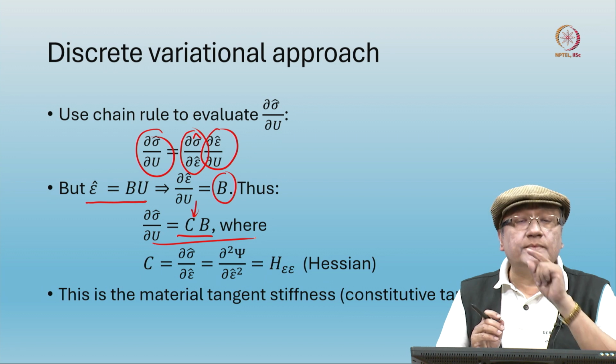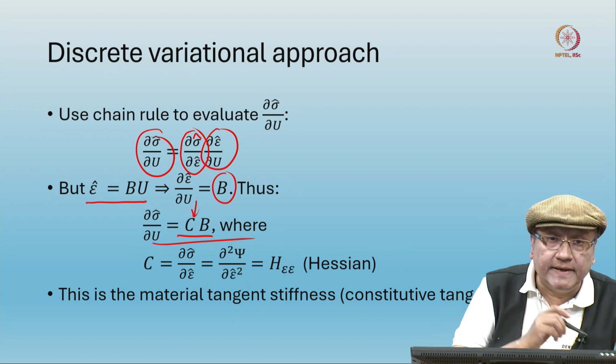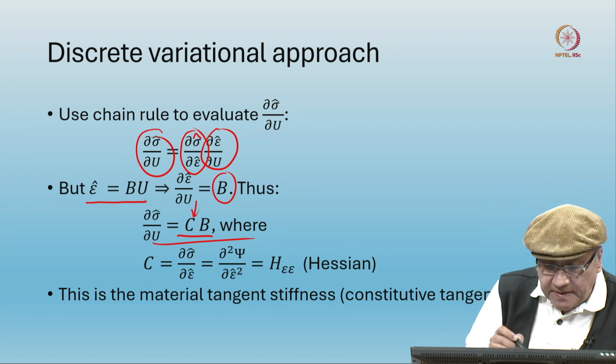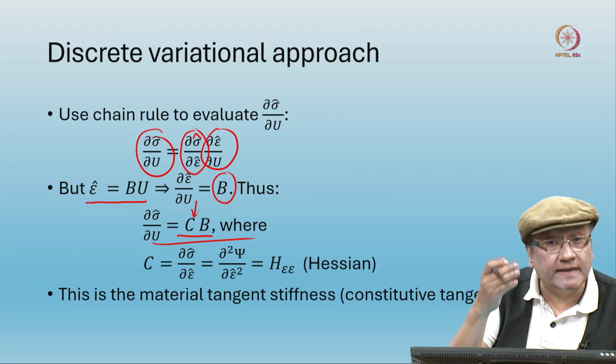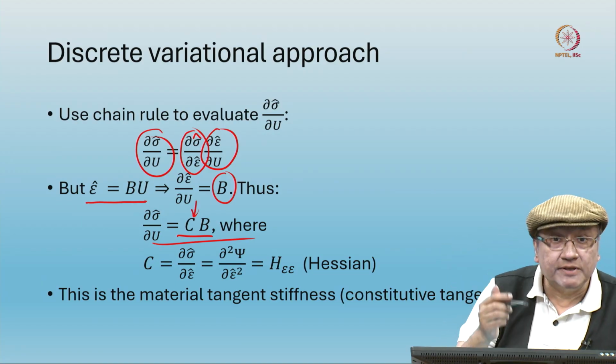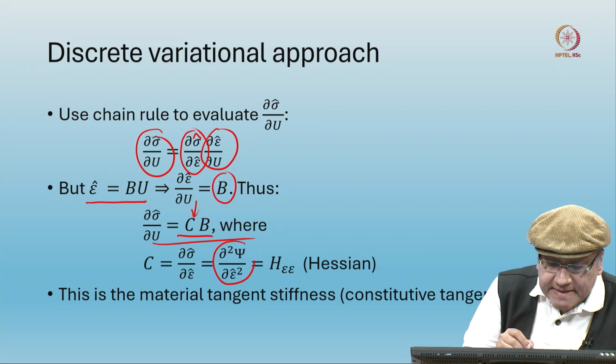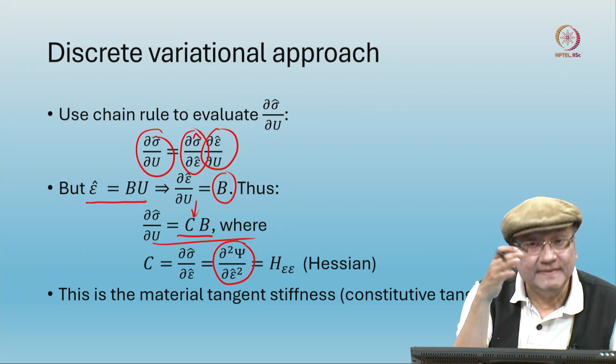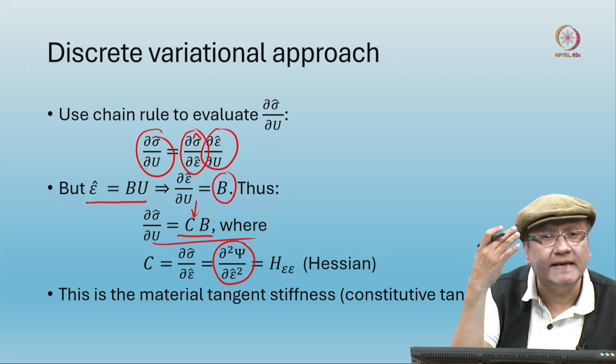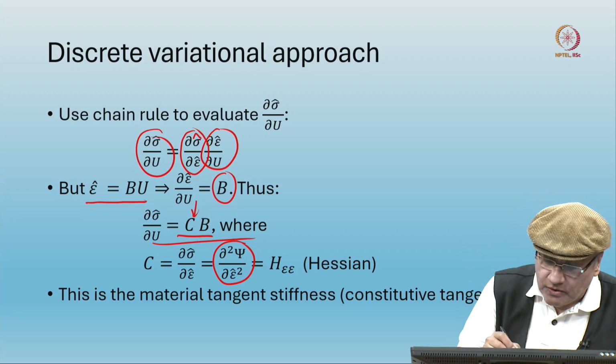Okay. So C, remember that it is ∂σ̂/∂ε̂, but σ̂ is ∂ψ/∂ε̂. So therefore this C is basically the Hessian of ψ.